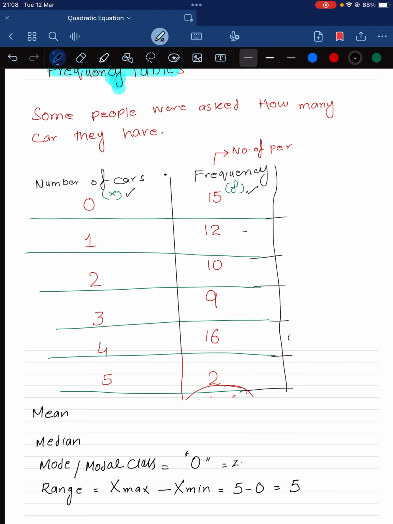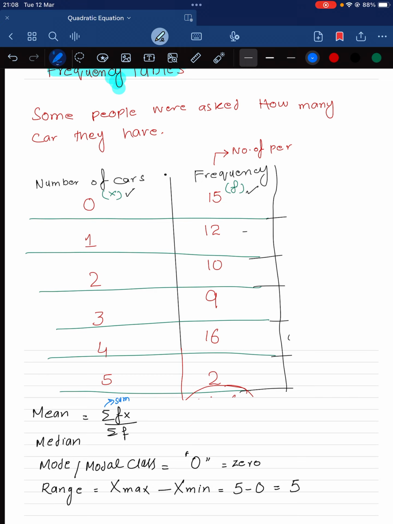Now we need to learn median and mean. They are a little bit different. For the mean we will be using this formula which you need to learn: sigma fx over sigma f. So we need to make a new column. Sigma represents the sum.